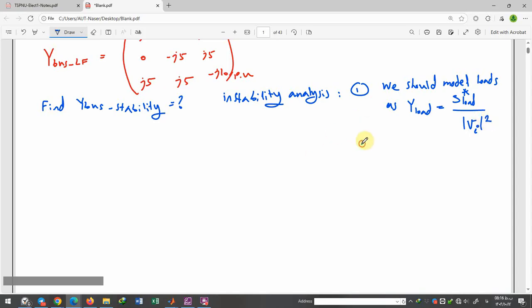The number 2, we model the generator in detail as an EMF.